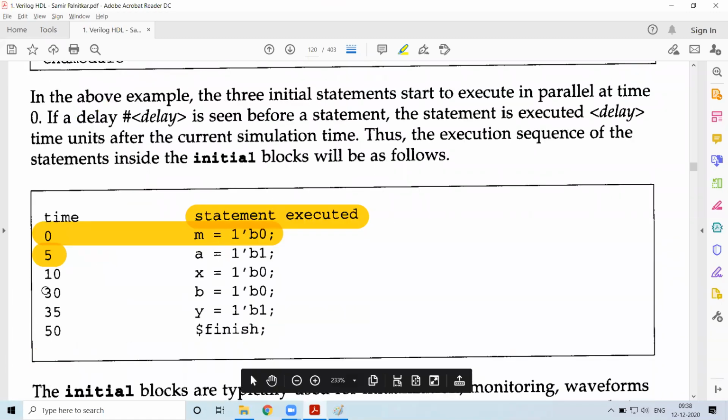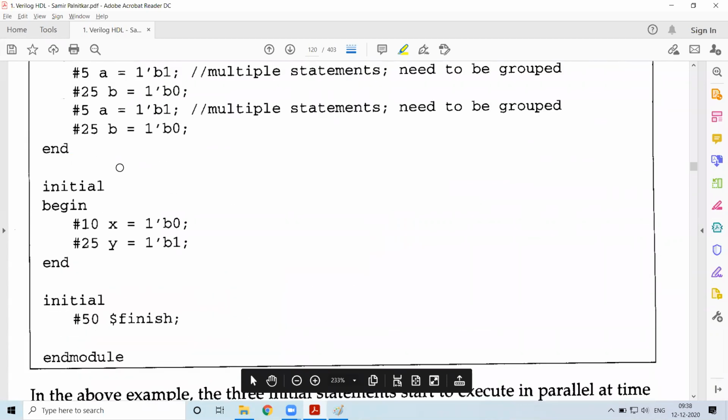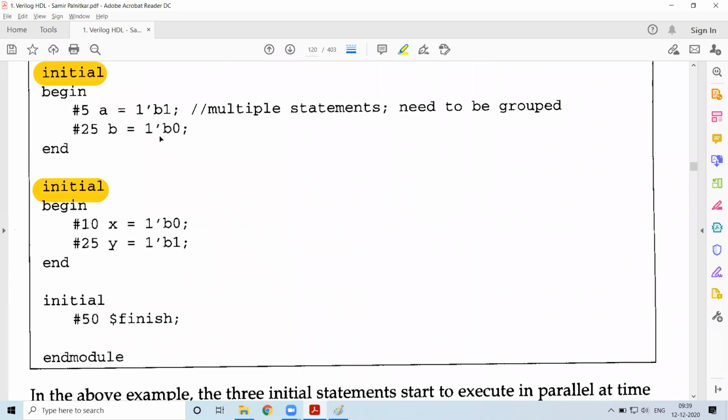So at 30 time units, this statement is getting executed, that is, b is equal to 0.